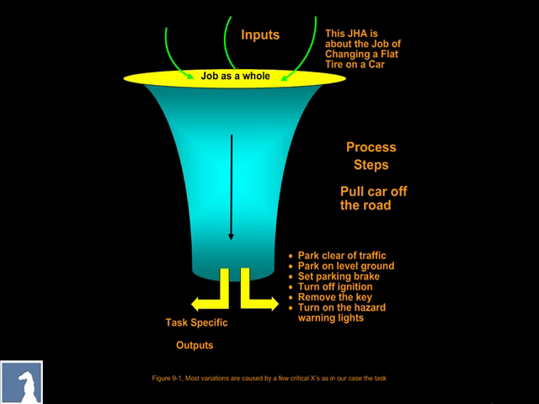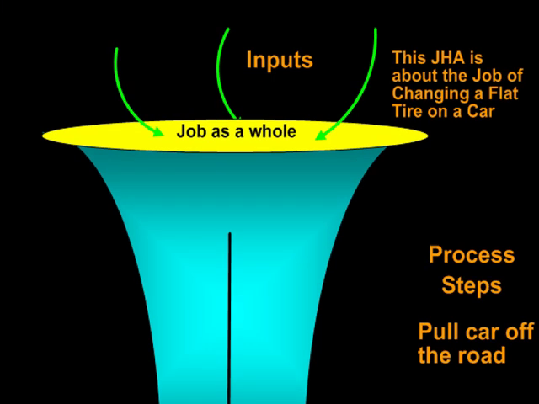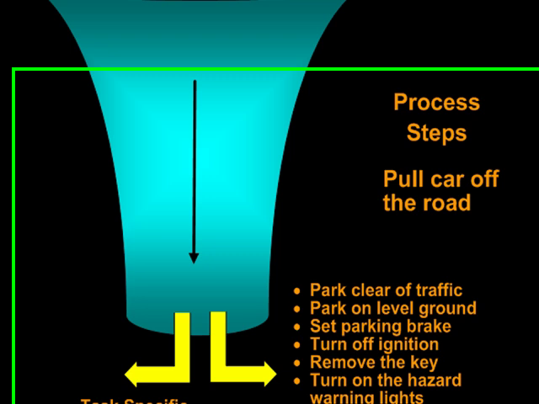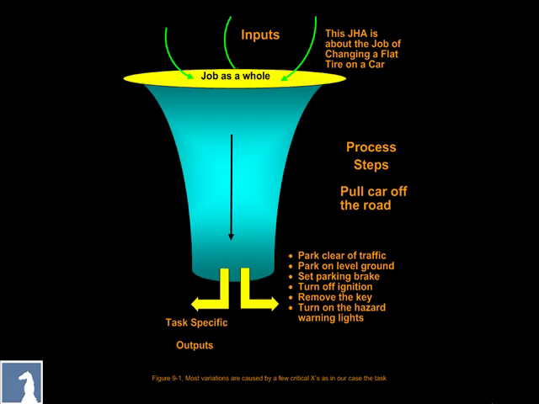In this case, we're talking about changing a flat tire on a car. There are a number of steps to accomplish that, the first of which is to pull the car off the road. And under pulling the car off the road, there would be task-specific items required, such as parking clear of traffic, parking on level ground, setting the parking brake, etc.